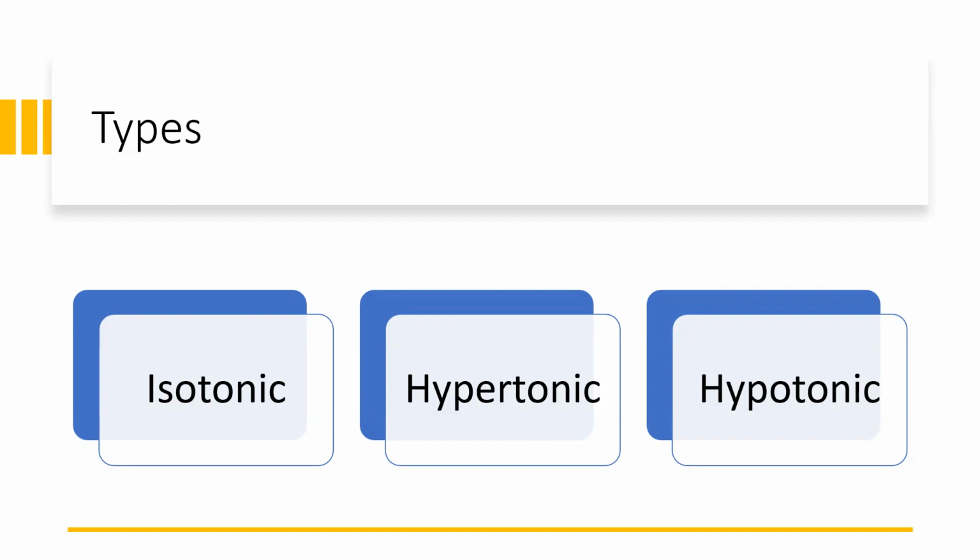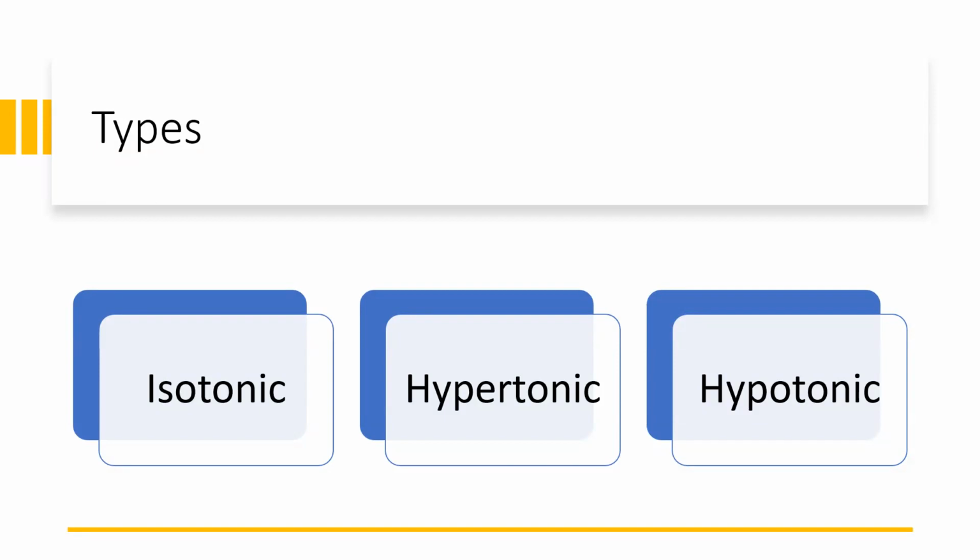The fluid moves from the plasma and interstitial spaces into the cells, causing the plasma volume to become less and causing the cells to swell.